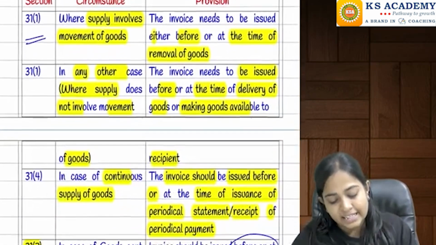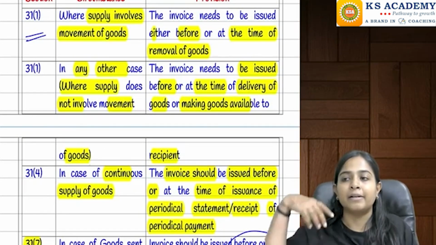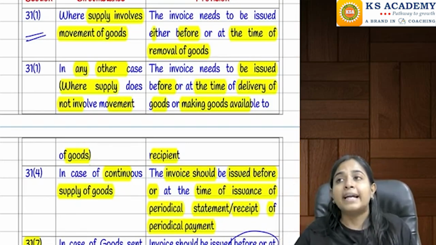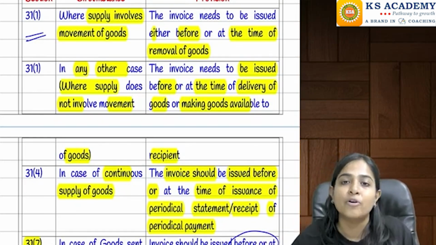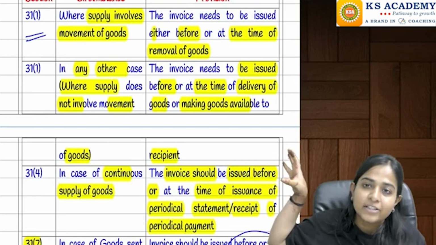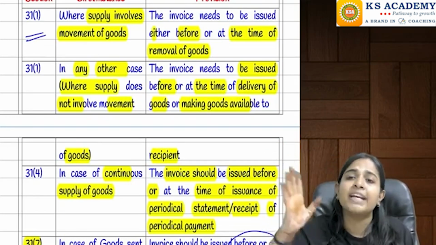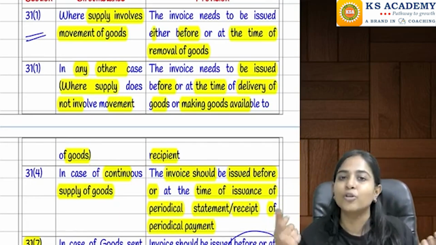Now let's say any other case where the supply does not involve movement of goods. We have taken an example in the full batch also: let's say I had given you an AC on rent that is already installed in your premises. I visit your premises and tell you, okay fine, I am selling it to you. Can we say there is no movement of goods involved, although the goods have now been sold?